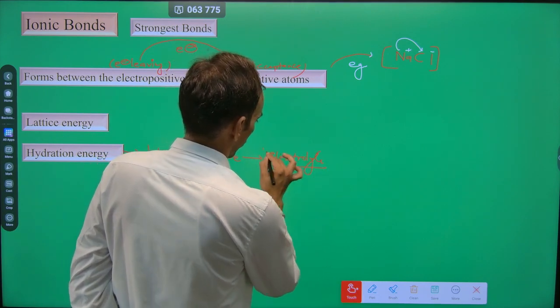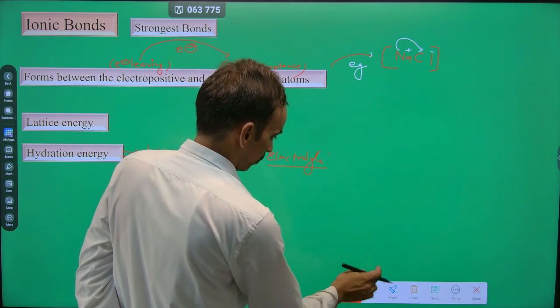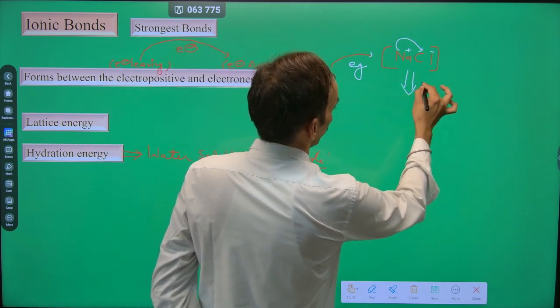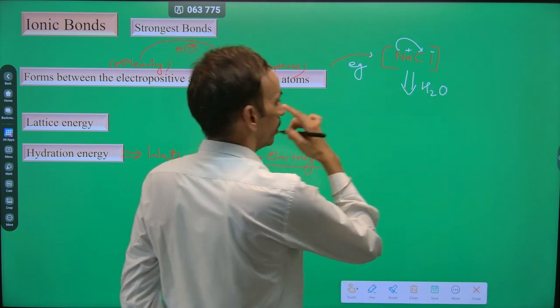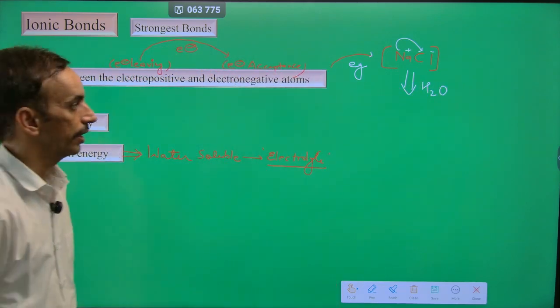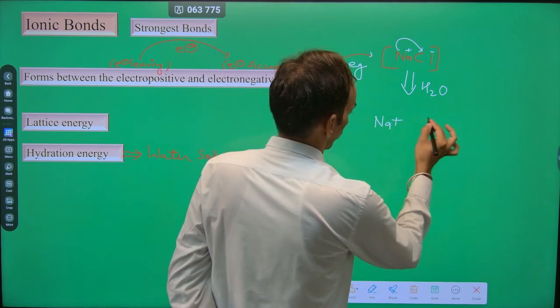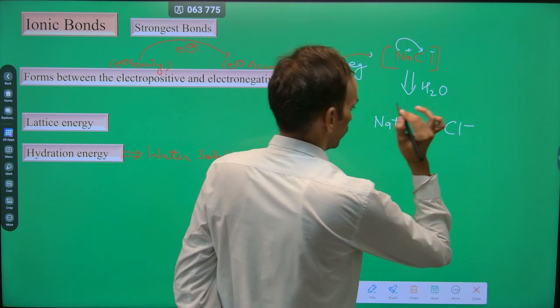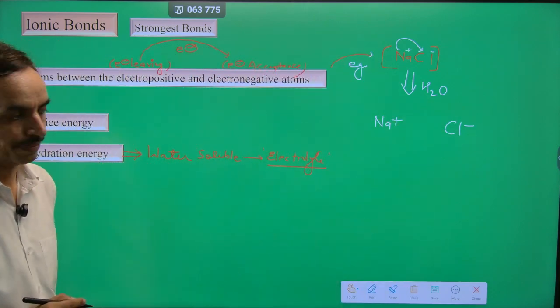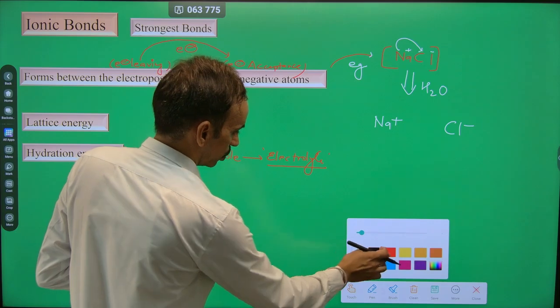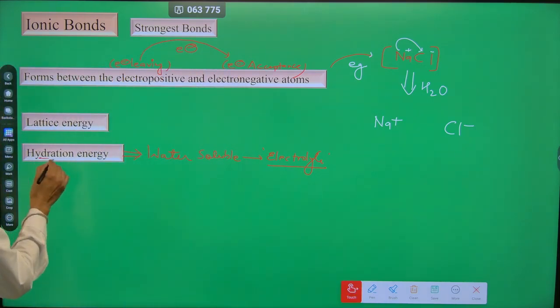Simply, these are water soluble, and when you dissolve any ionic compound in water, it gives rise to ions, which makes the water charged. So the energy which is released when an ionic compound is solubilized in water is called the hydration energy.